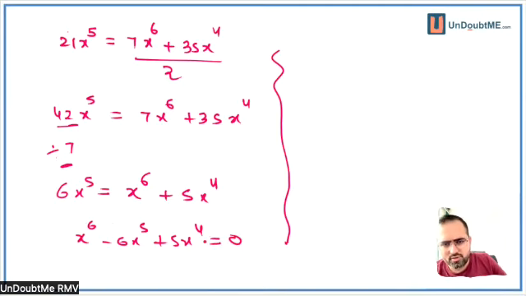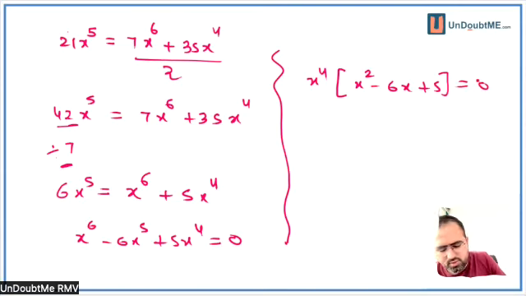All terms are taken on one side. I'll take x to the power 4 common, so I'll have x squared minus 6x plus 5 is equal to 0. When I factorize this, I get x minus 5, x minus 1.